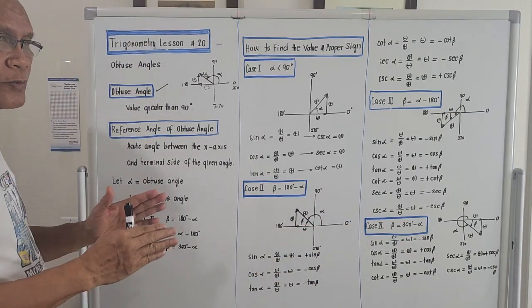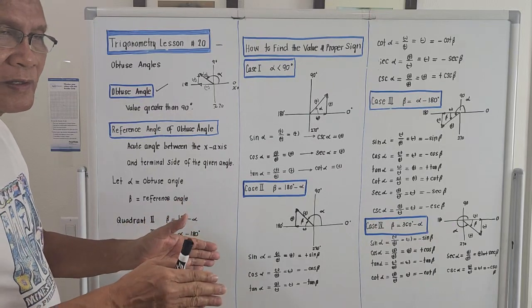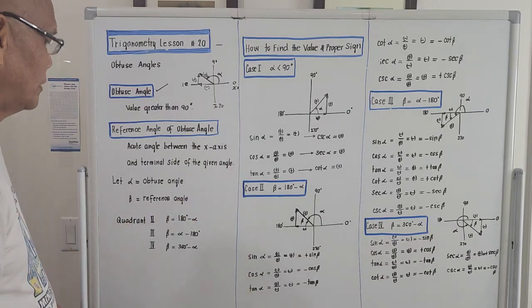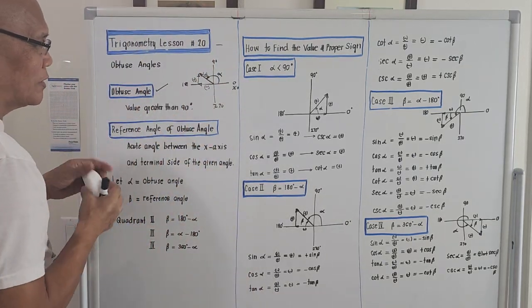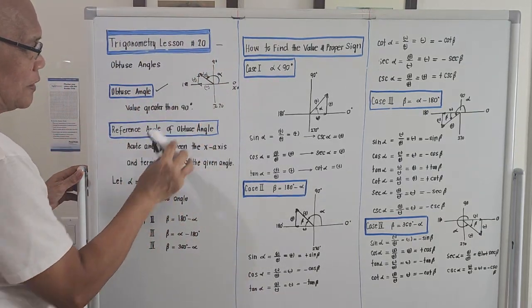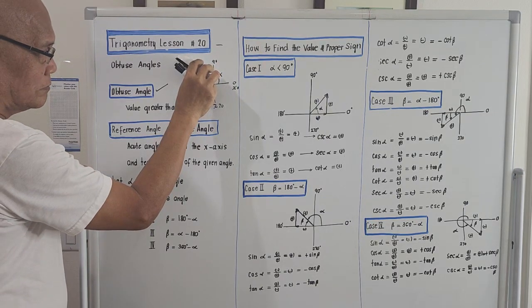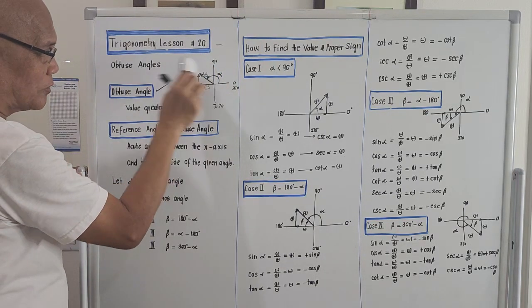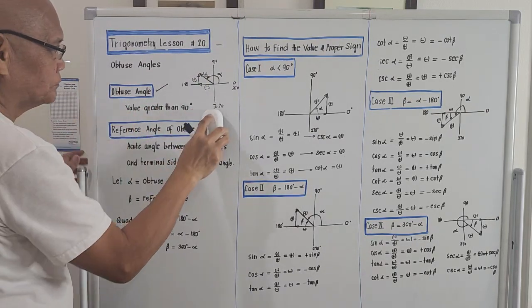Without using any calculator, we could bring out the proper sign and the proper value. So at least we now know what an obtuse angle is. If an angle terminates on the second quadrant, and the second quadrant is actually after 90 degrees, we call that angle an obtuse angle.